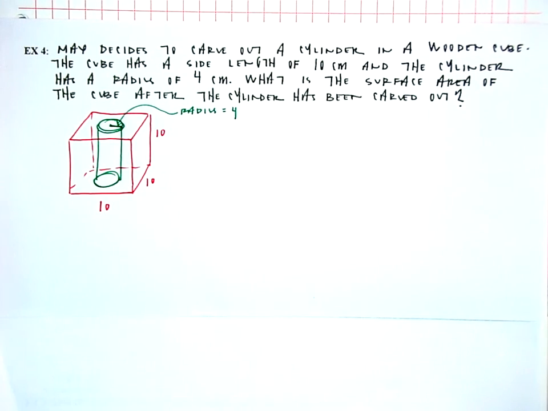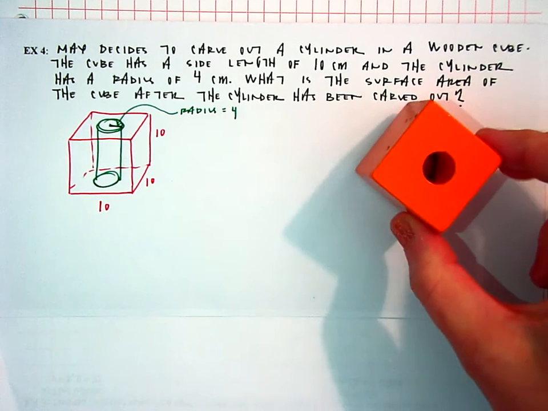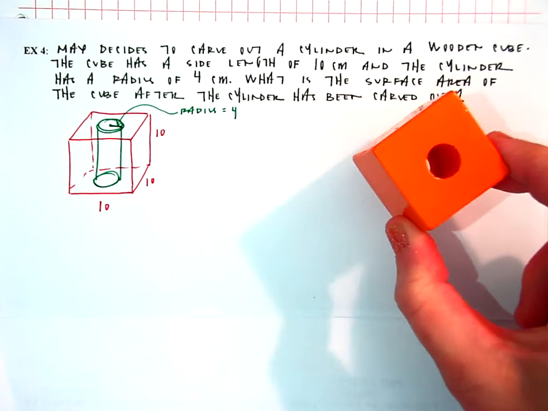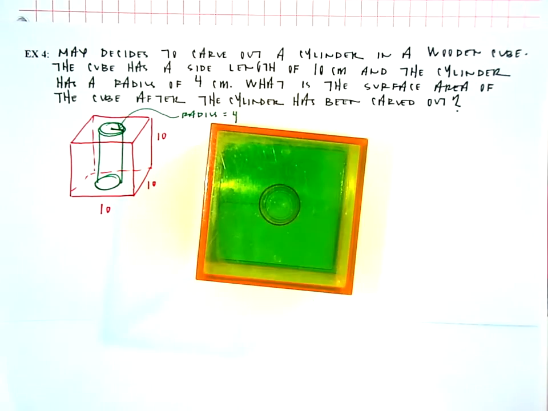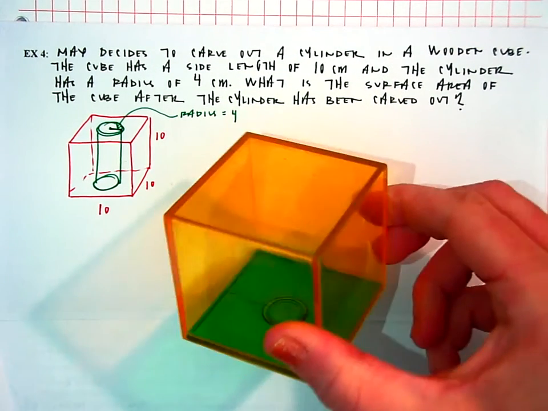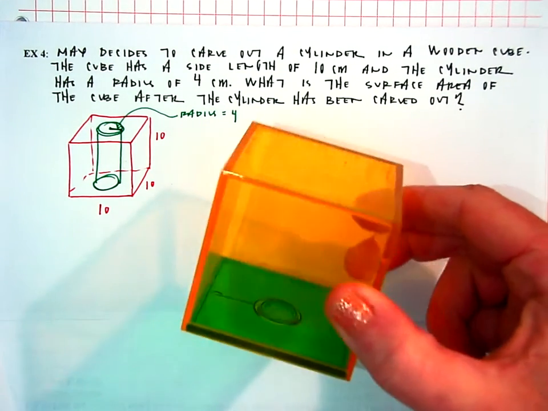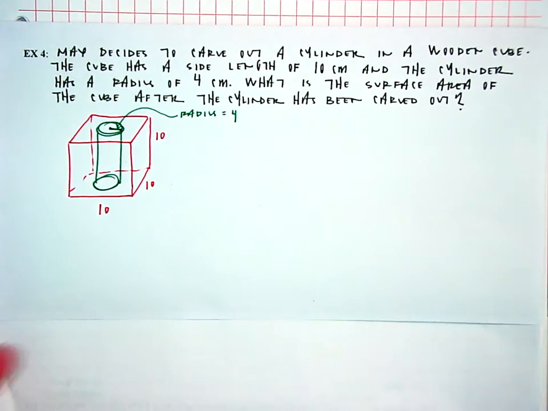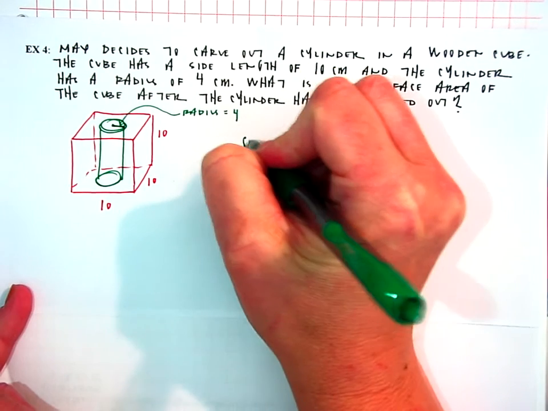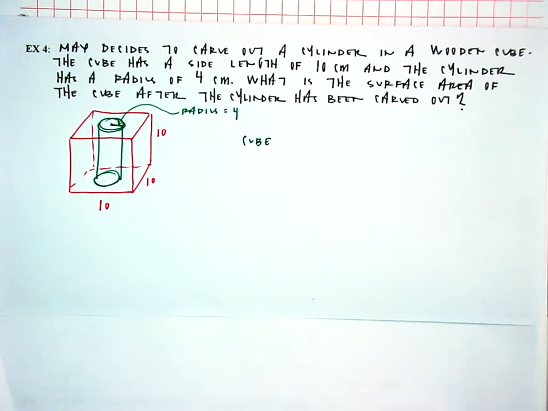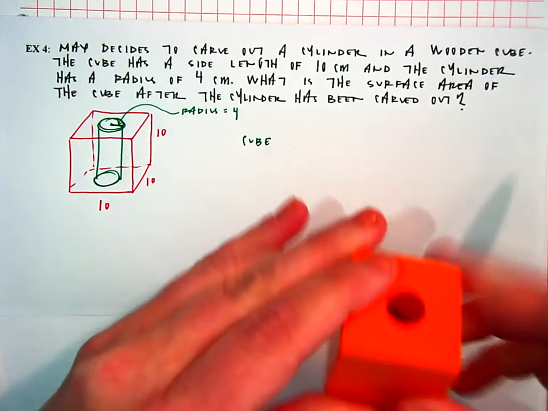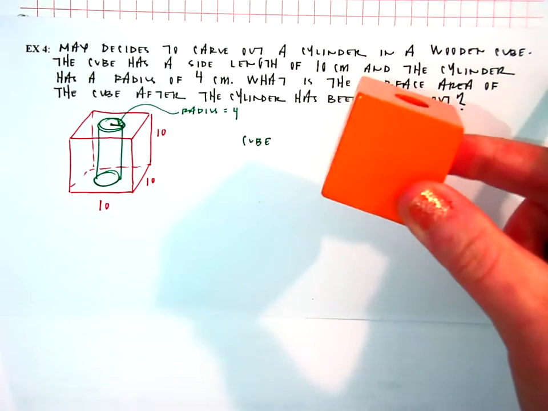I can picture what it looks like, but remember, I also have this lovely visual as well. So my starting point is, well, I always had this cube, right? So I start with all of the surfaces of my cube. Then when I'm drilling out the cylinder, what is happening to the cube itself?